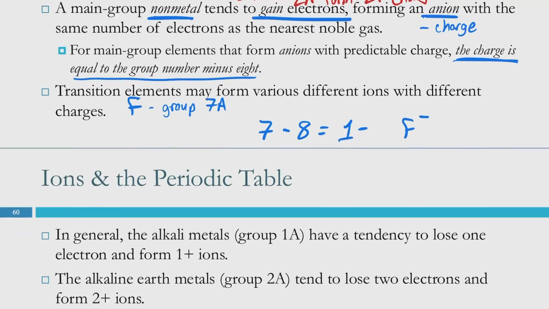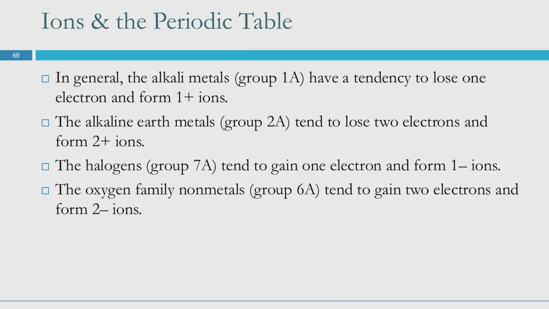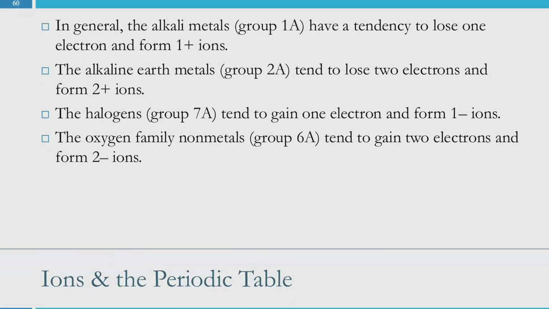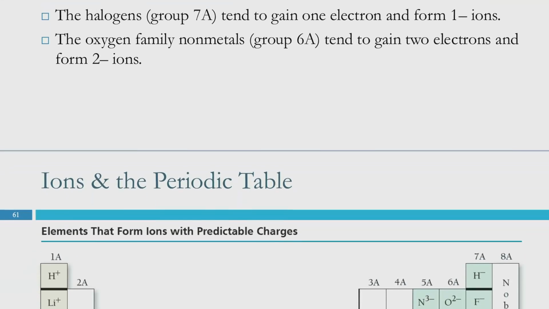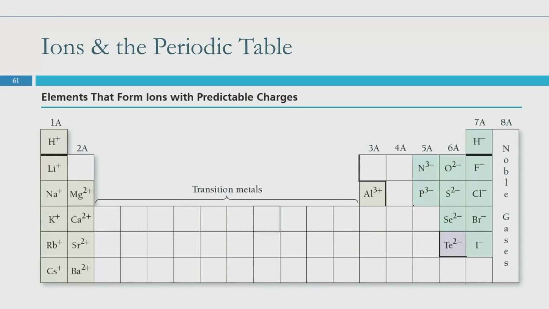Hopefully I'll review. Here's more on that. The oxygen family nonmetals, the chalcogens, tend to gain 2 electrons and form 2 minus ions. So here are main group elements that form ions with predictable charges. You will be expected to know all of these.